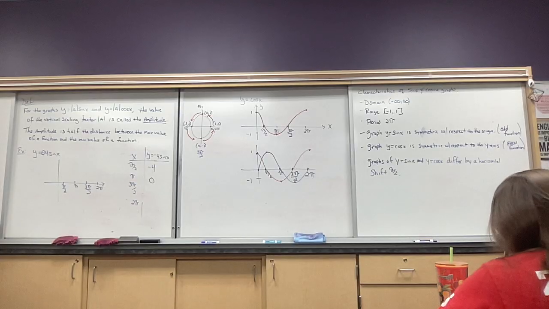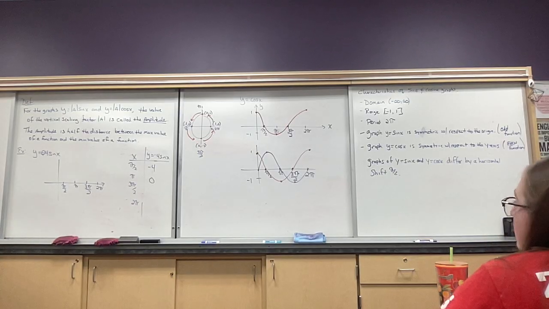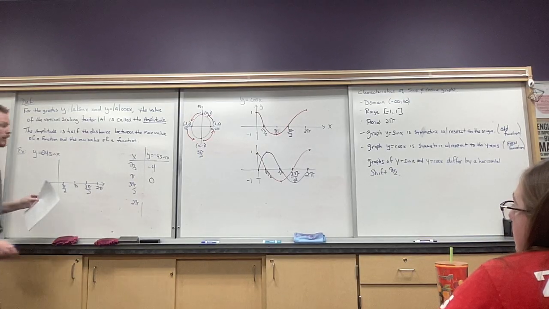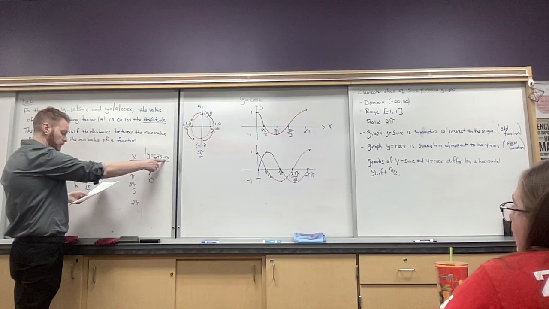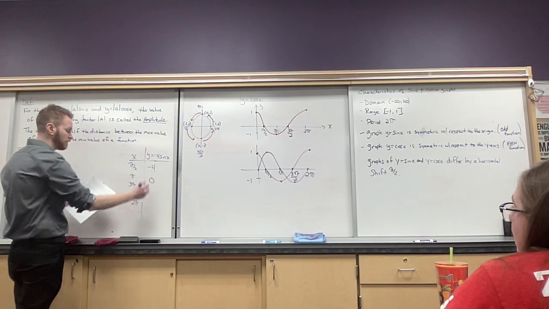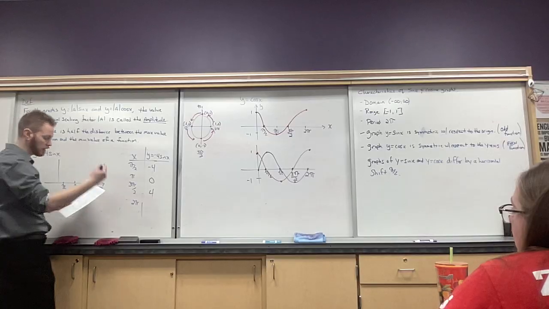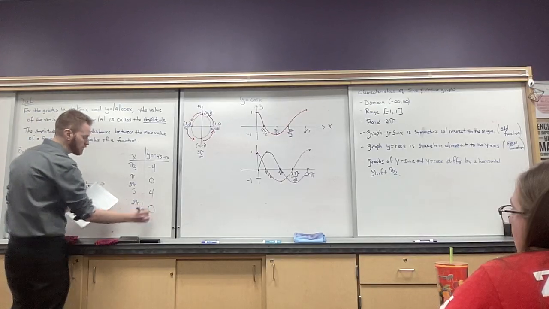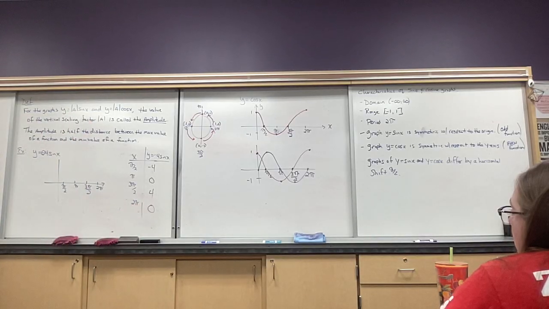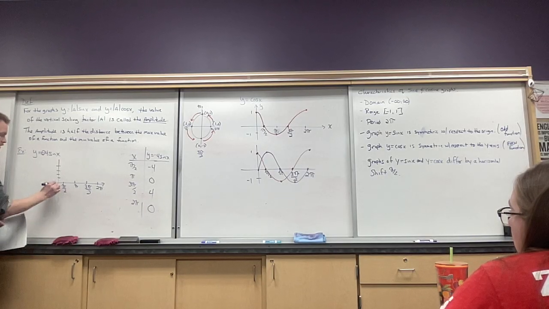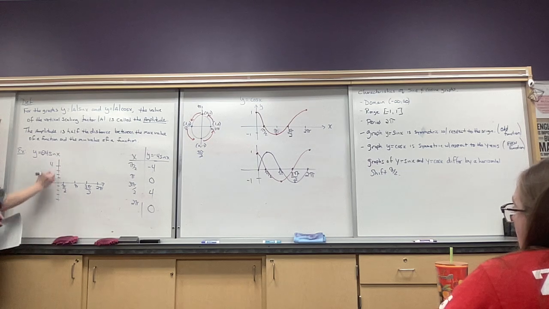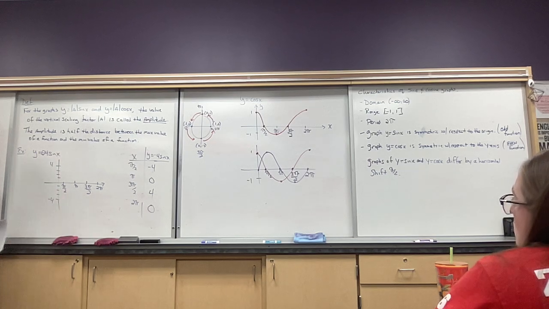No, it's -4. So already we can see it's stretching it a little bit further. 3 pi over 2: sine is -1, times -4 is +4. And 2 pi: sine is 0, times -4 is 0. So it looks like my maximum value is 4 and my minimum value is -4. So now I know how to scale this: 4 and -4.